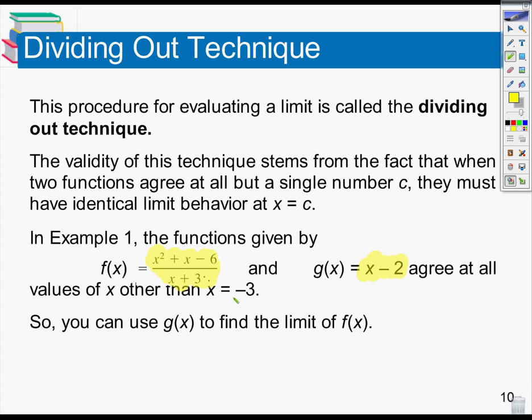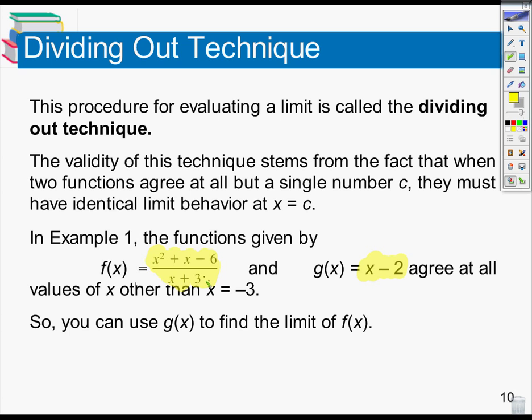But the good thing about finding the limit at that point is that I don't really care what happens at x equals -3. What I care about is the behavior of the graph as it approaches x equals -3, both from the left and from the right. So if these two functions share all the same points, with the exception of this one, then their behavior as they approach those points should be exactly the same, regardless of if their value at that point is the same.